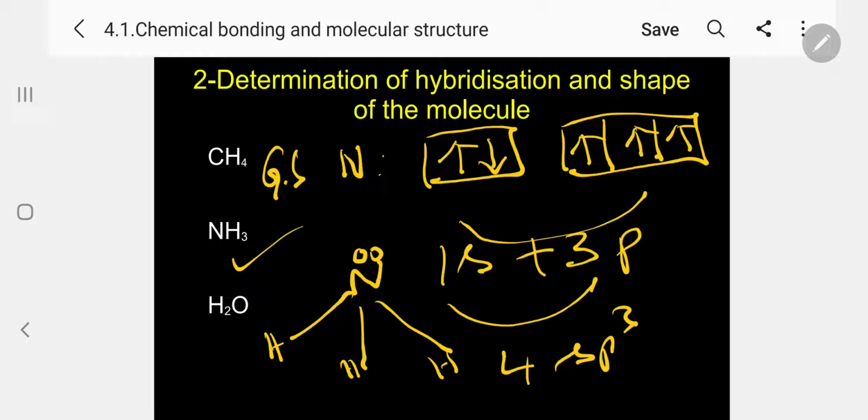Because there is a lone pair and 3 bond pairs, the lone pair-bond pair repulsion is greater, so the bond angle reduces from the tetrahedral angle of 109.5 to 107. The shape of ammonia is pyramidal. So we are identifying there is one lone pair and predicting the shape also.